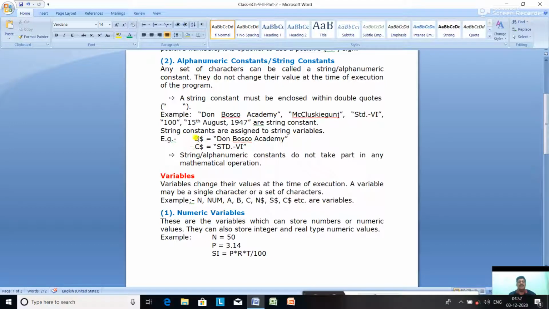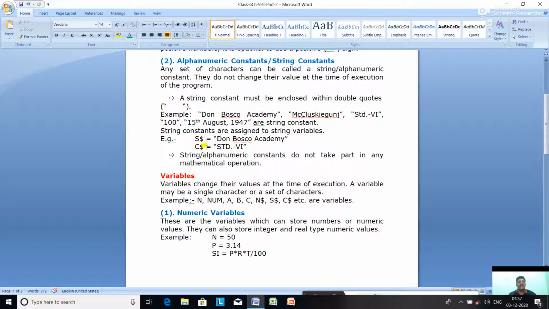Like c$ = "Don Bosco Academy". So this Don Bosco Academy is the string constant or alphanumeric constant enclosed within double quotes, and c$ is the string variable or alphanumeric variable. An alphanumeric variable begins with an alphabet and ends with a dollar sign. Remember, like C is an alphabet and then the dollar sign.